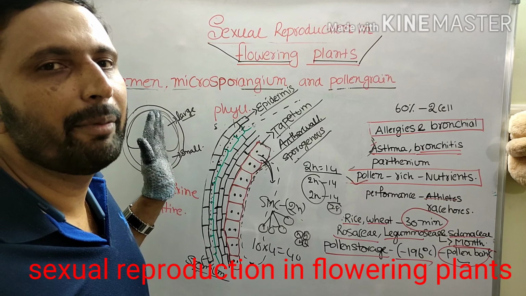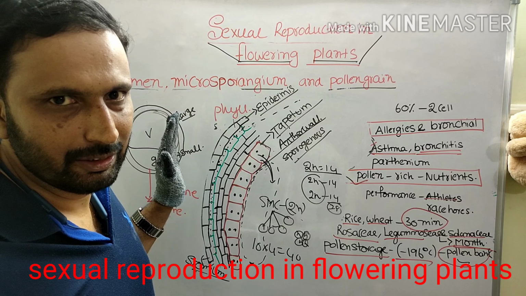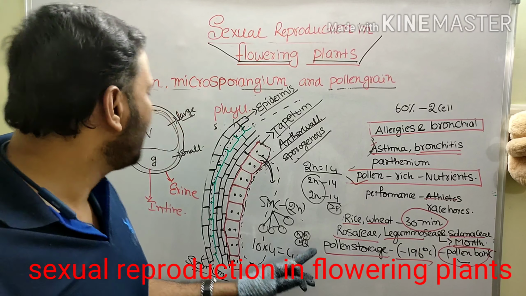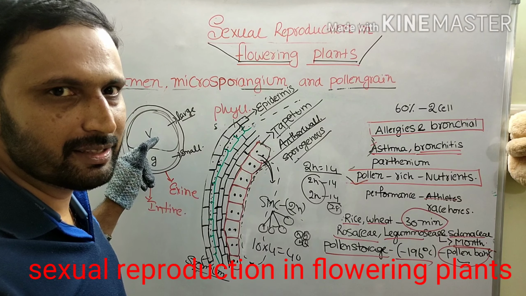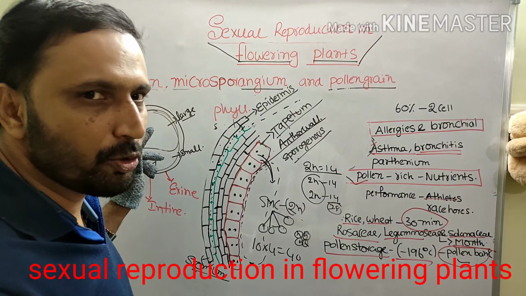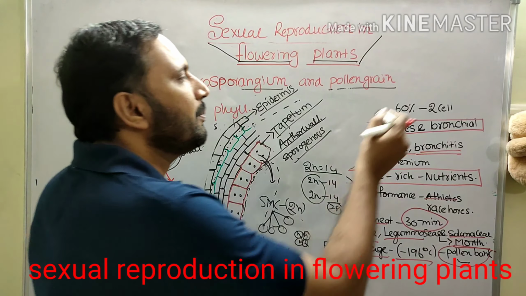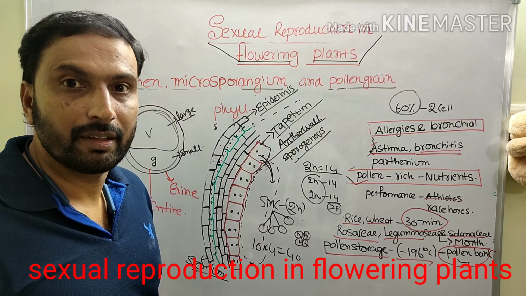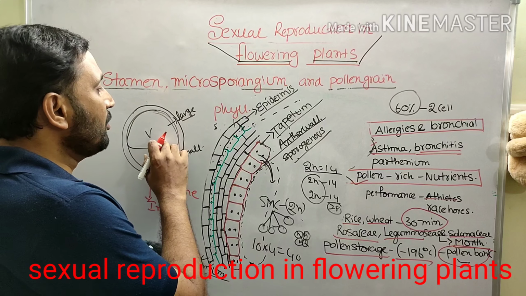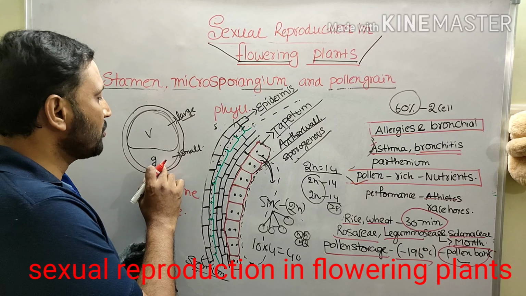Pollen grain is the male gametophyte. The microspore develops into the pollen grain, which contains 2 cells. In this 2-cell stage, pollen grains are liberated in 60% of plants. Here the vegetative cell is large, the generative cell small.